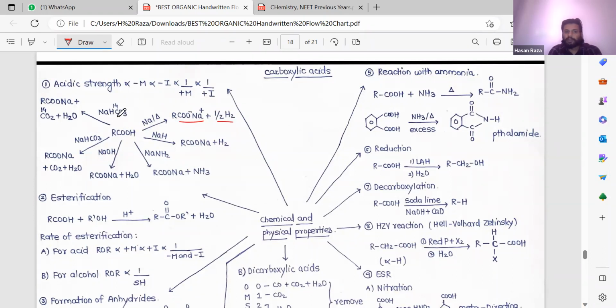If you react this with NaHCO3, you will again be getting a salt. If you remember from class 10, acid reacts with sodium carbonate or sodium hydrogen carbonate to give you salt plus carbon dioxide plus water. So it's very easy, right? Is that clear?